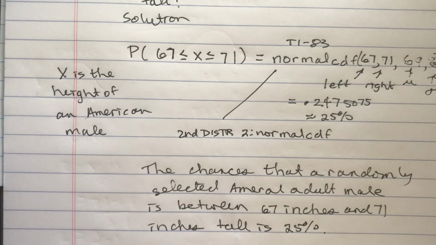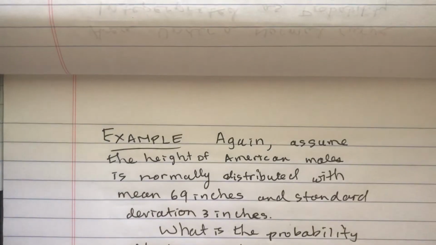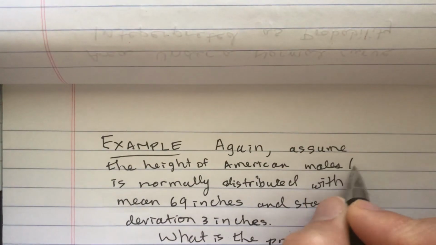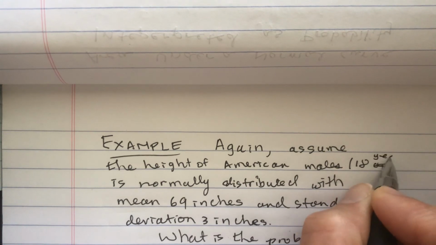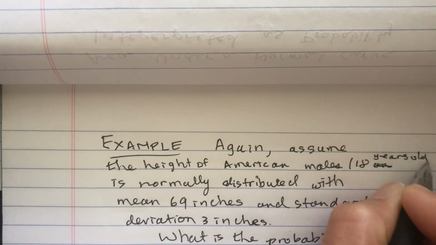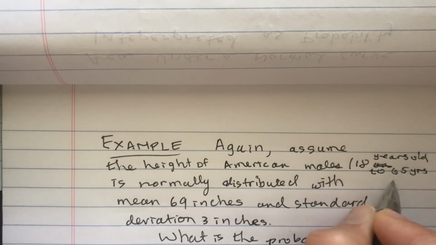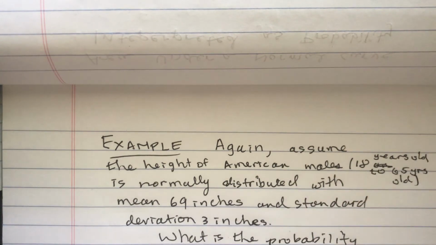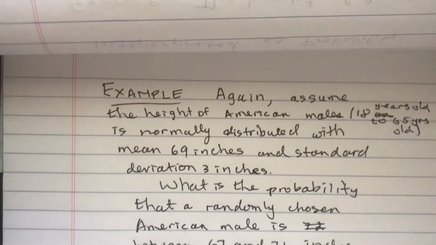In the original statement up here, I'm going to change it. I just said American males. I'm going to write 18 to 65 years old, because people start shrinking when they get older too.